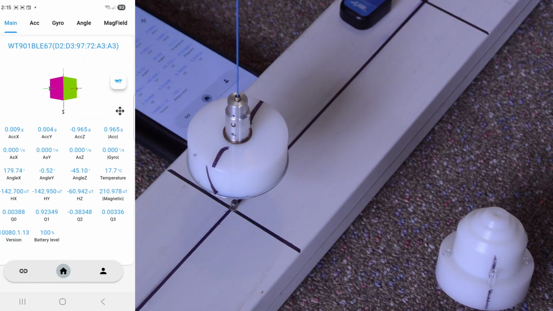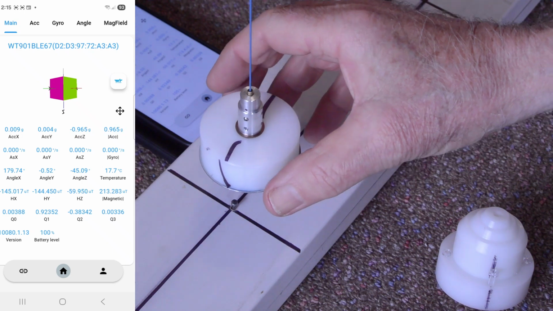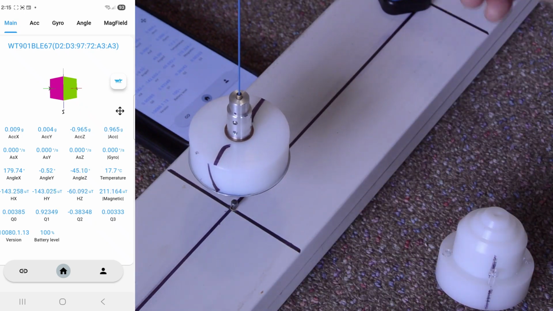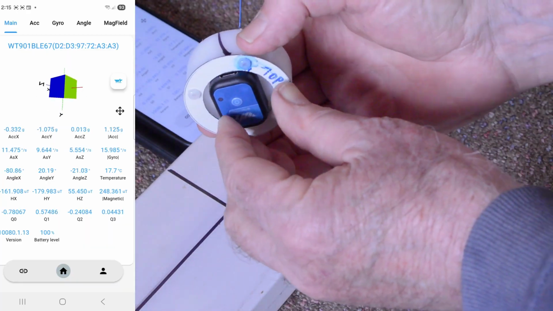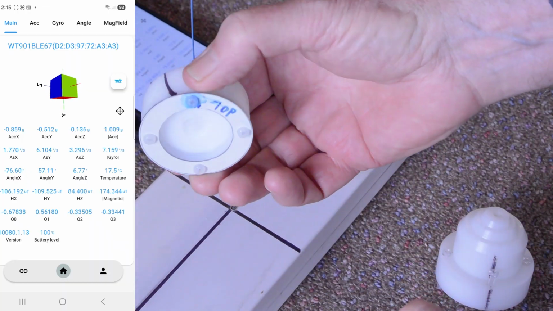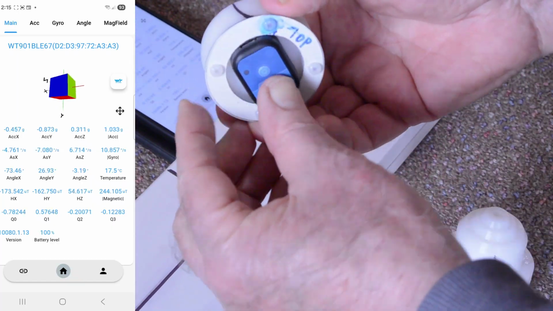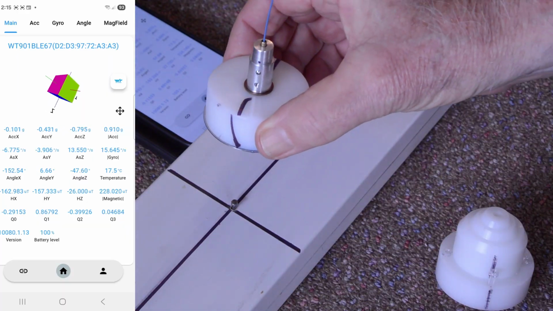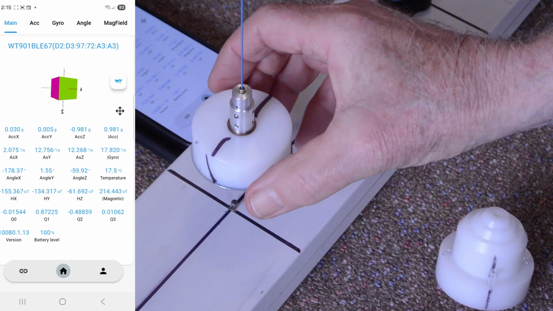Well, it was quite difficult until I came up with the concept of mounting one of these little gyro chips inside the bob, which I've done here. We can put that anywhere inside the bob, as long as it's flush and concentric to the bob surface, which is very important.